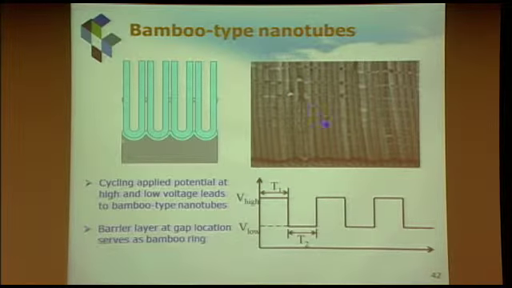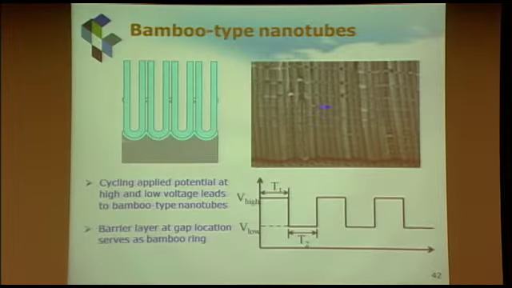We can make tubes going in segments like this. These are connected species along the tube direction. The simple change is just going through these voltage drops.